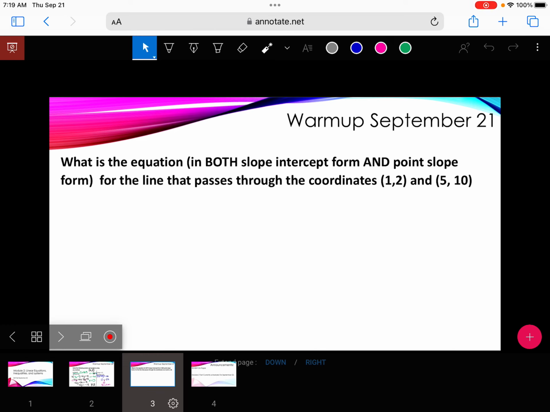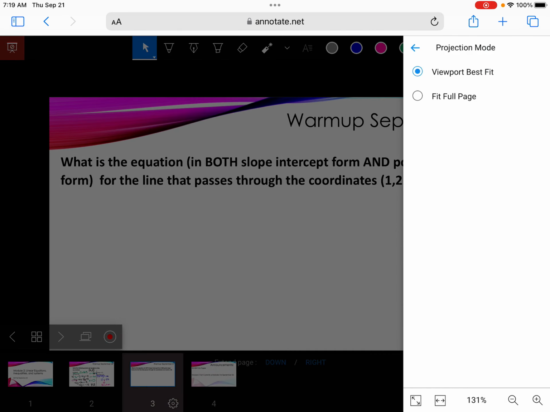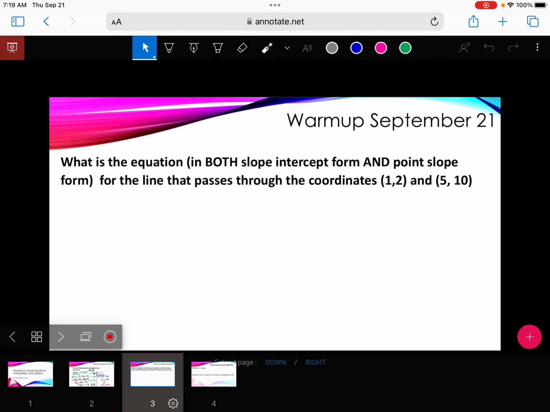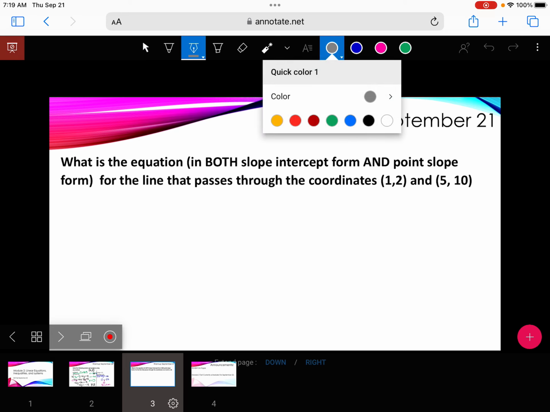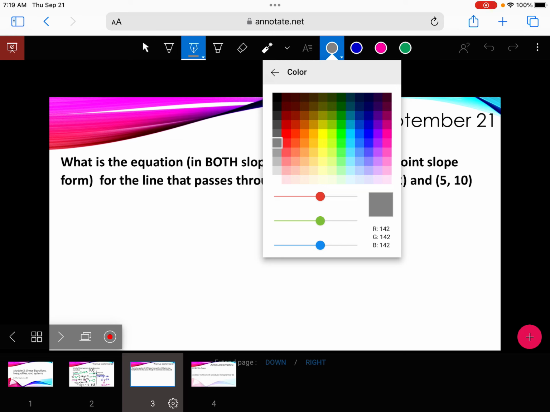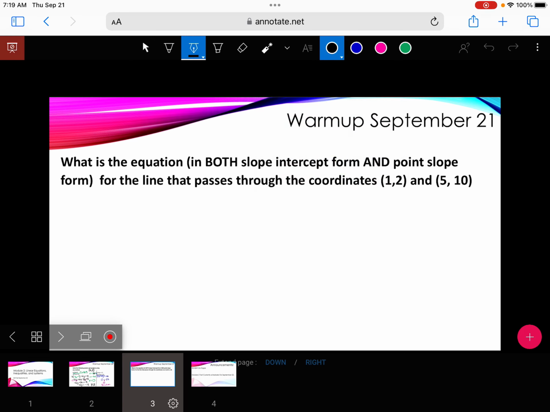So if I need to write an equation in both slope-intercept form and point-slope form, what needs to be my first step on this problem? The slope. I gotta find that slope.